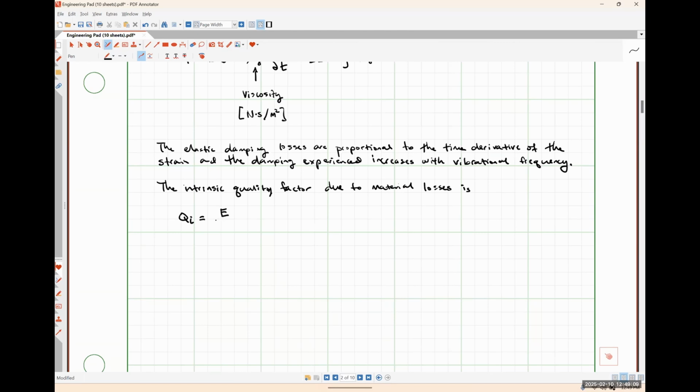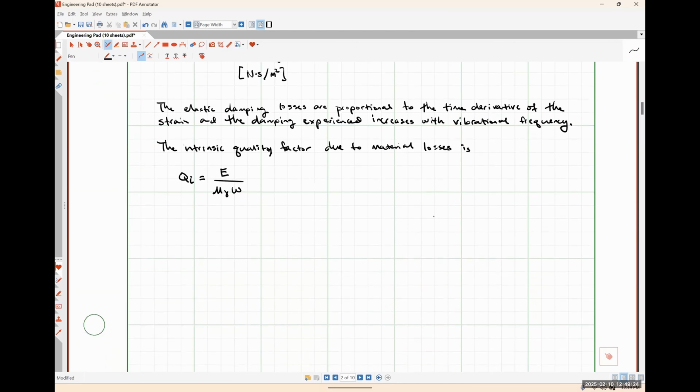And this is Young's modulus divided by viscosity times the frequency of our oscillations, which could be rewritten as F, our linear frequency, times Qi is equal to Young's modulus divided by 2 pi times our viscosity. And this is a constant value.